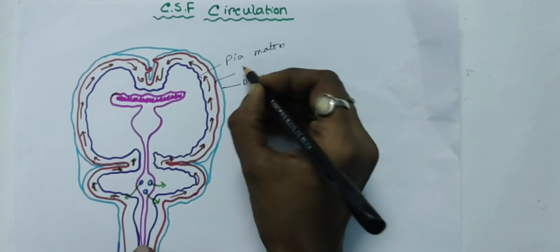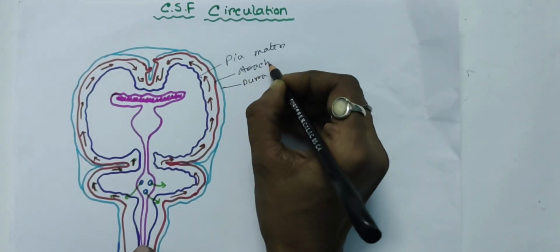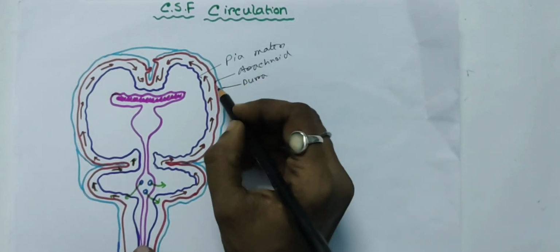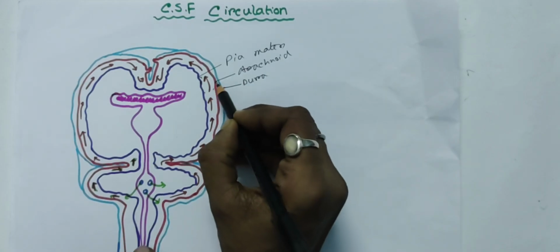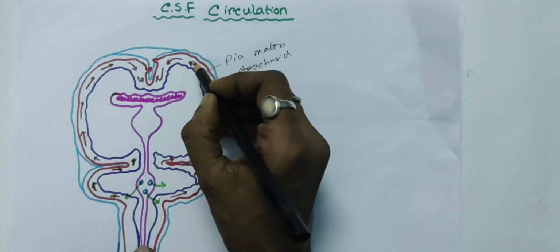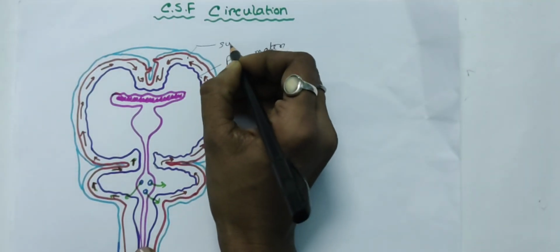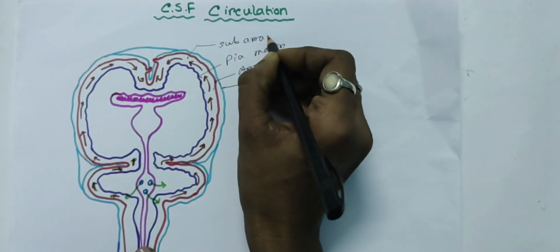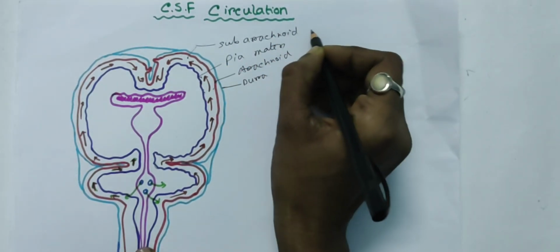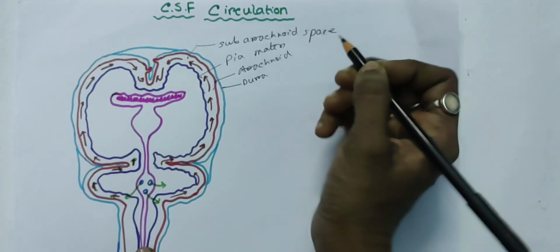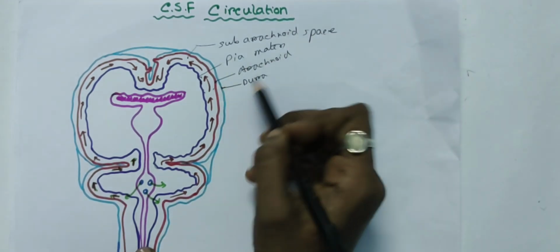This is the arachnoid, and the space between the arachnoid and pia mater is called the subarachnoid space, and the dura mater is the outermost layer.